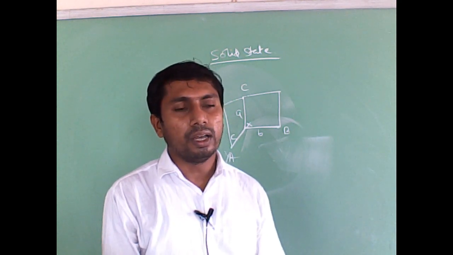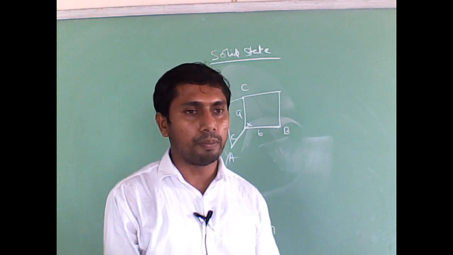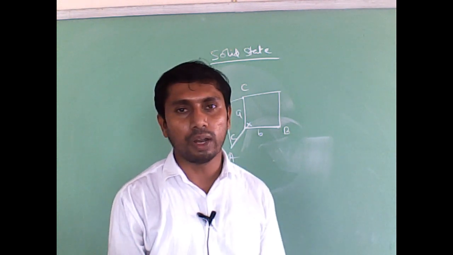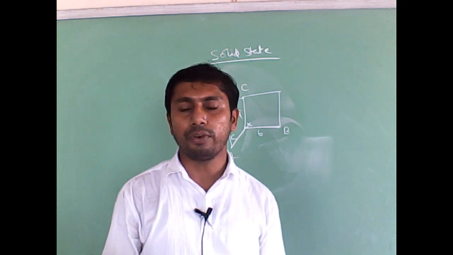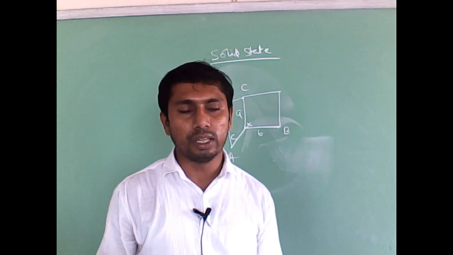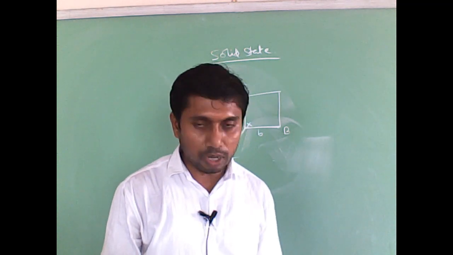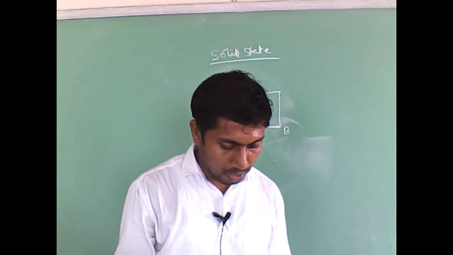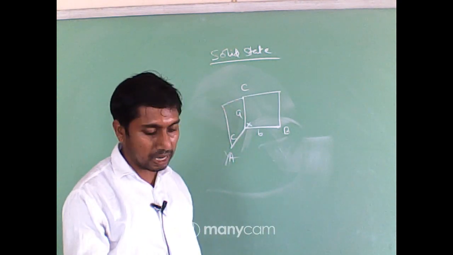When the bond length and bond angle do not follow the same order, it is called an amorphous solid, and it does not have a sharp melting point. There is a range of melting points. First it will soften, and then it will melt. Next one, heat of fusion. The heat of fusion in the case of a crystalline solid is definite.